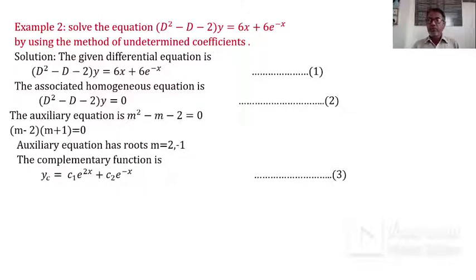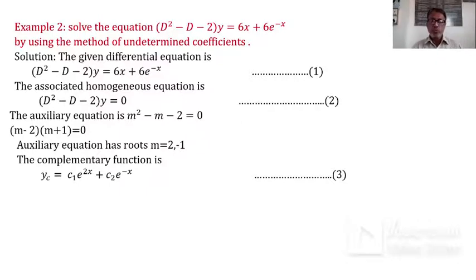Therefore, the roots of the auxiliary equation of the homogeneous differential equation whose solution is 6x plus 6 e to the power minus x are minus 1, 0, 0. We write the minus 1 first and then 0, 0.